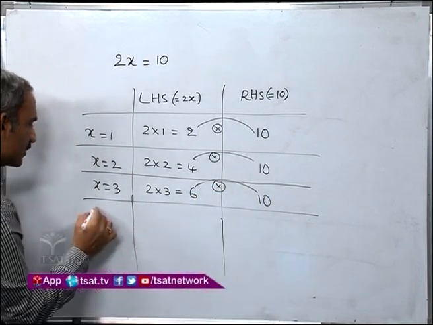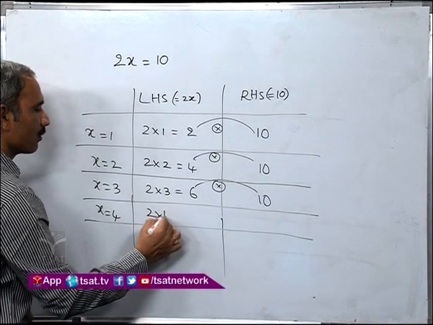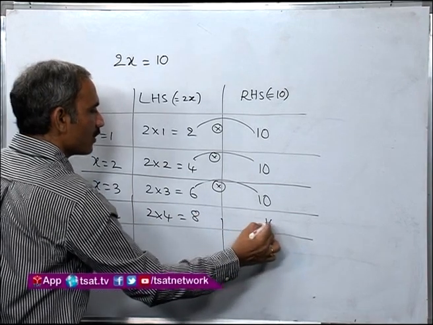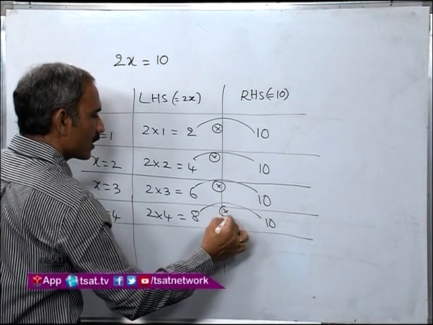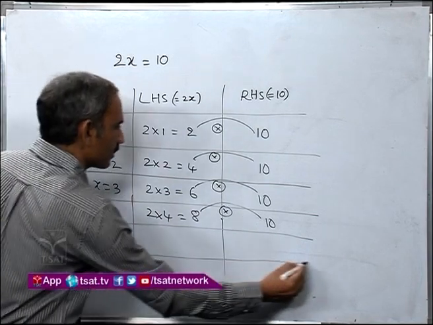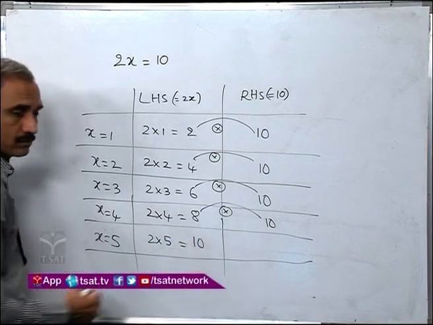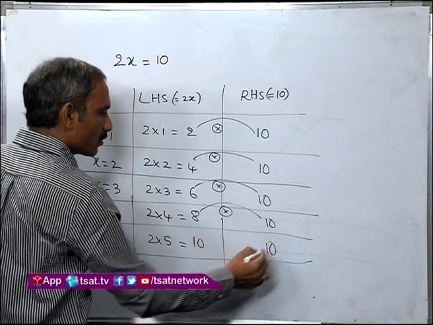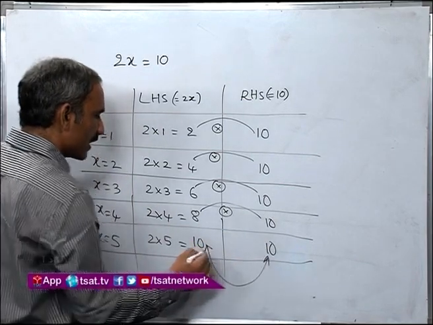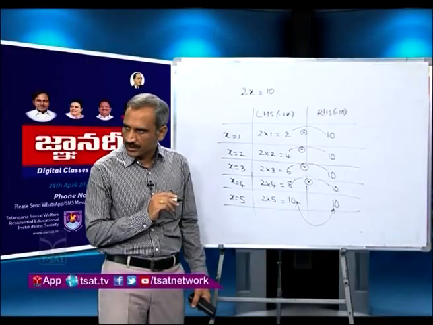If you have x is equal to 4, then we have 2 into 4, that is equal to 8. Here we have 10. Again these two are not equal. If you take x is equal to 5, what will happen? That is 2 into 5, which is 10, and the RHS is also 10. If you observe this LHS and RHS, are they equal? Yes, exactly. That means we got the solution.